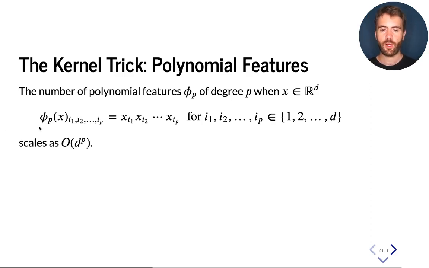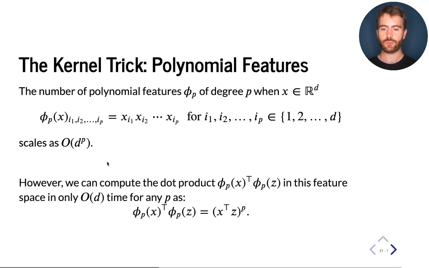And obviously, since this has a length d to the power p, if we were to just compute these features and apply the definition of the dot product to determine their dot product, this would take us big O of d to the p time.